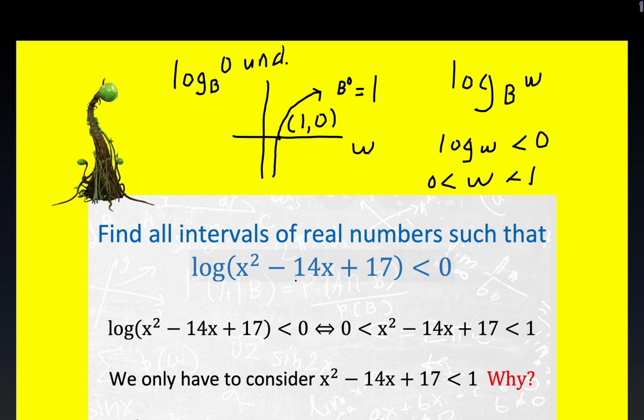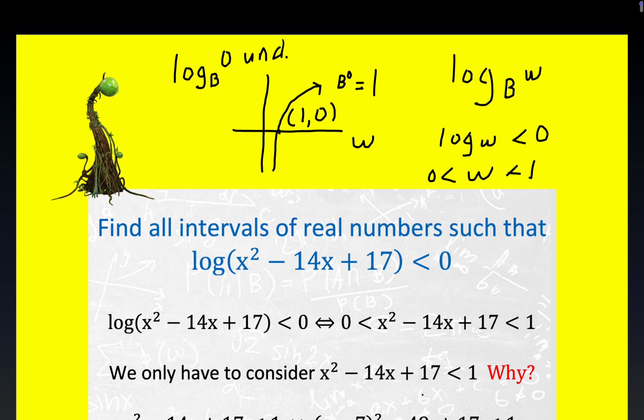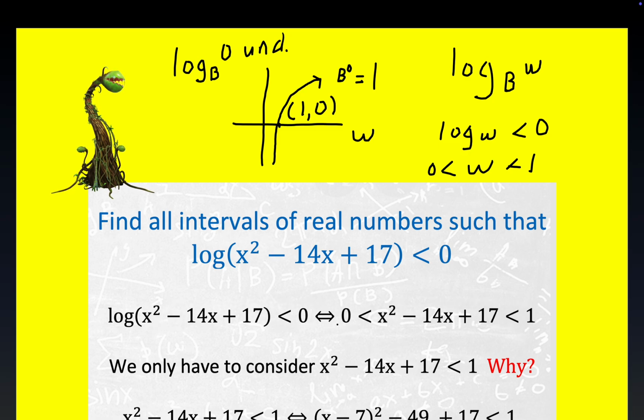So for this very same reason that w was squeezed between 0 and 1, we have to squeeze x squared minus 14x plus 17 between 0 and 1. And we really only have to think about less than 1, then just set this equal to 0 to find out the rest of the information.